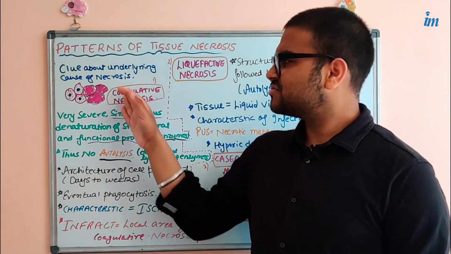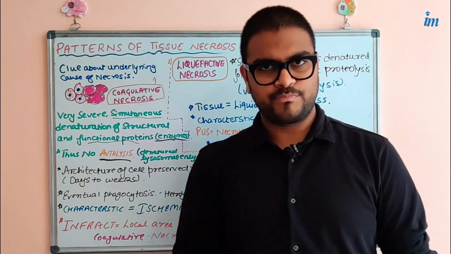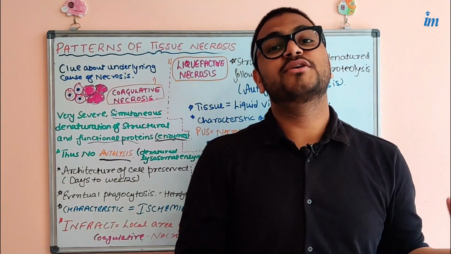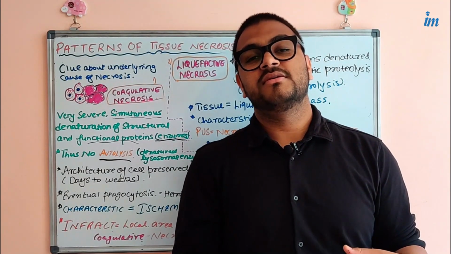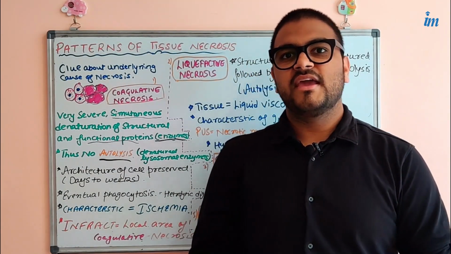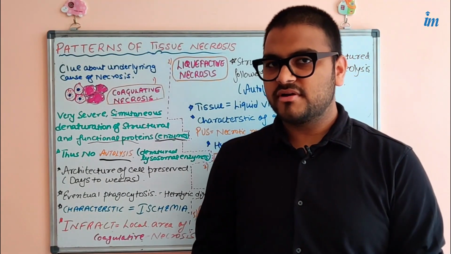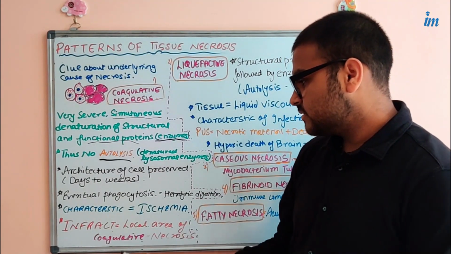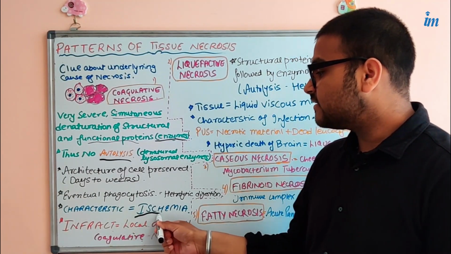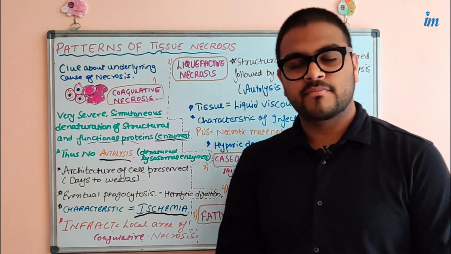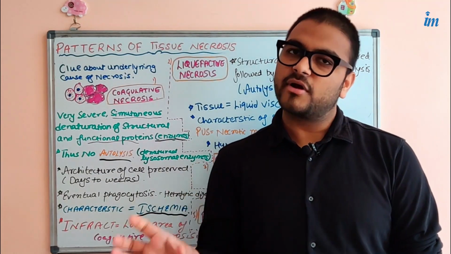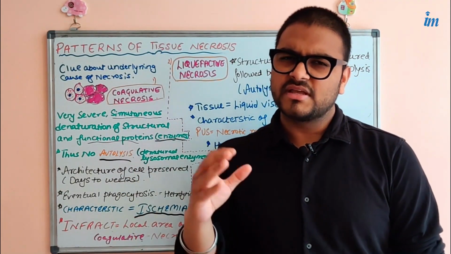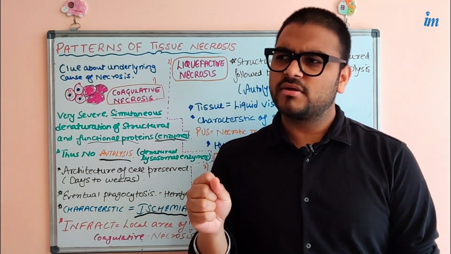So what was the significance of learning this thing? Anybody? Okay, as I had already told you, it is a clue to the cause of necrosis. If you see coagulative necrosis in any type of tissue, it means that it must have resulted due to ischemia. For example, myocardium. There is a clot in the coronary arteries, and that clot has caused what?